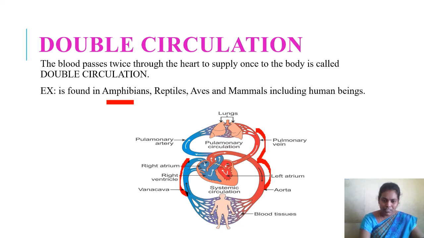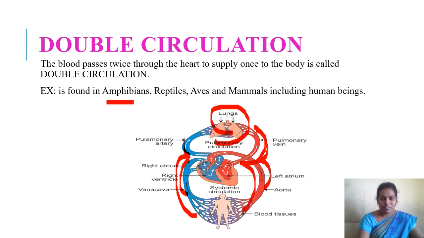Starting from here, impure blood reaches the heart, and from there that impure blood is pushed to the lungs. In the lungs, purification of blood takes place. That pure, oxygenated blood is again sent to the heart. From there, that oxygenated blood is pushed through the aorta and reaches all parts of the body.